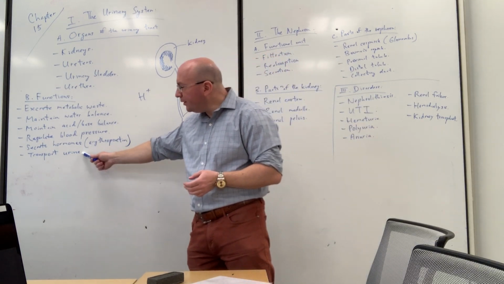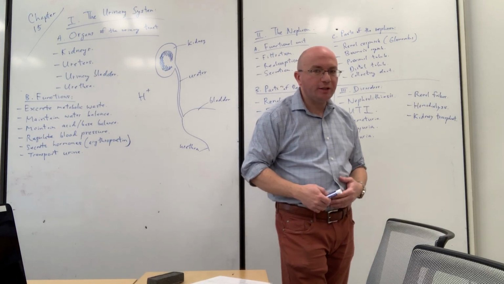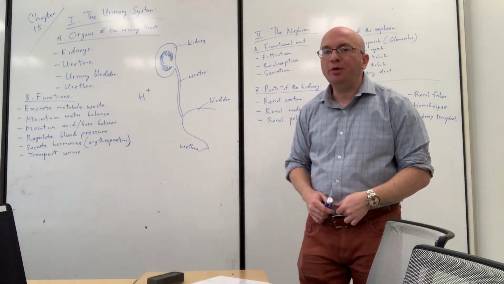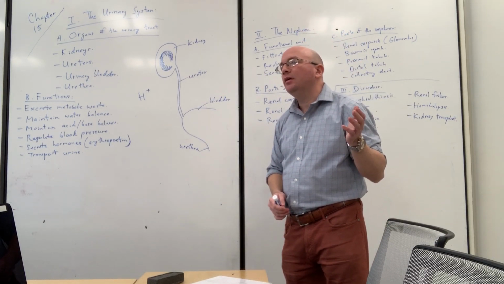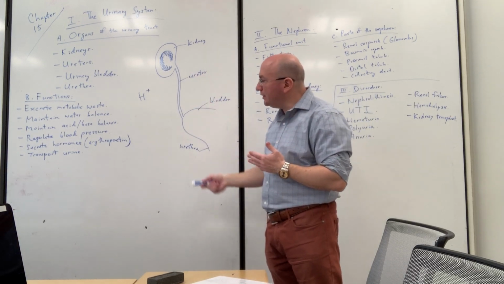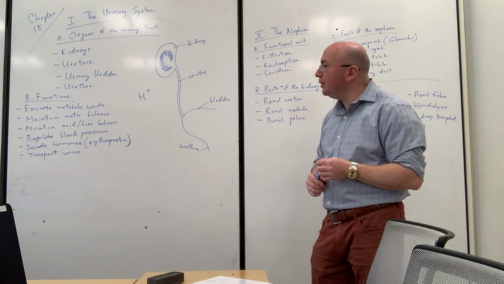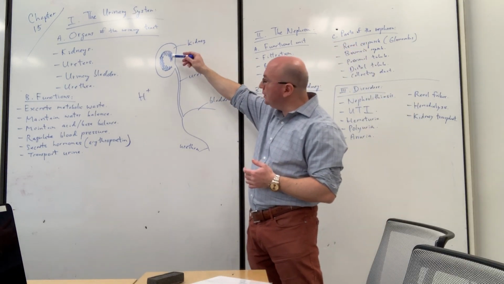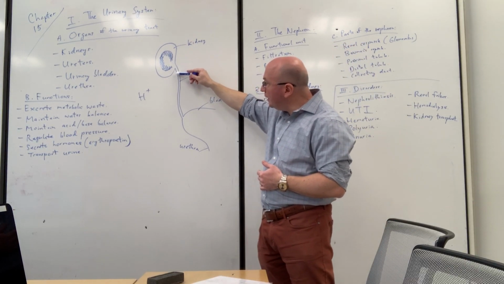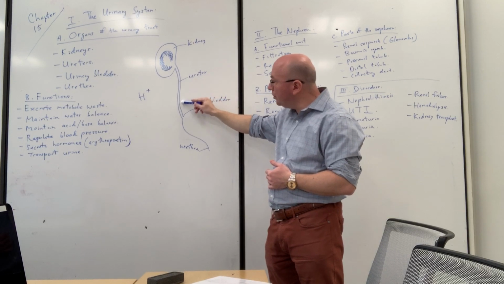And obviously, ultimately, the urinary tract is there to transport urine, to make sure that it's moved through all these passageways, like I said before, and gets out of the body. Again, keep in mind, the urine is produced in the kidney, then travels through these hollow muscular tubes called the ureters.